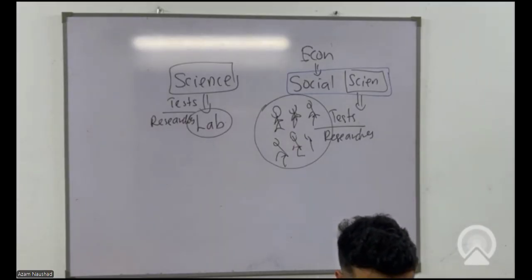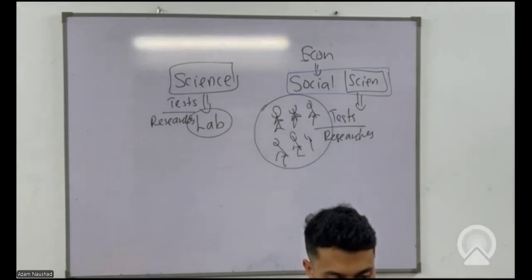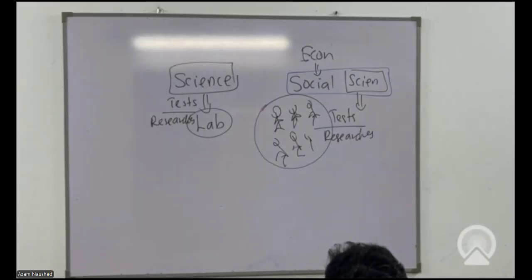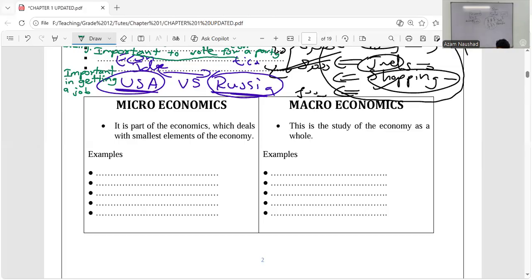Right. So let me explain the concept of micro and macroeconomics. So let me show the exact part that I'm going to explain. You can see two terms, micro and macro.